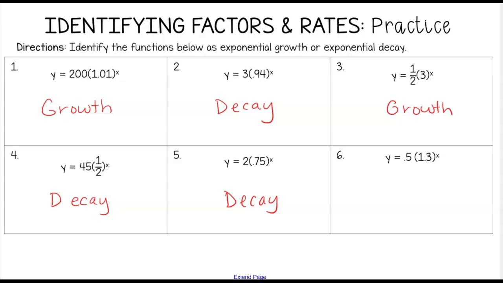Take a look at number 6. On number 6 there is a 0.5 here, but inside the parentheses, that second number is 1.3. So that's greater than 1, so that's going to be a growth.